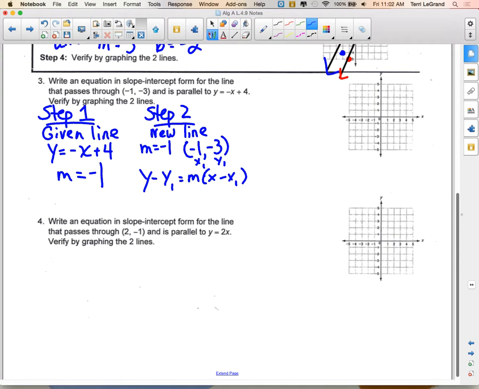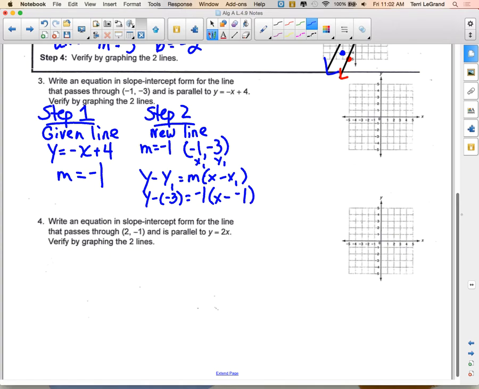Okay, so y minus what? Negative 3. M, what's going in for that? Negative 1. X minus negative 1.